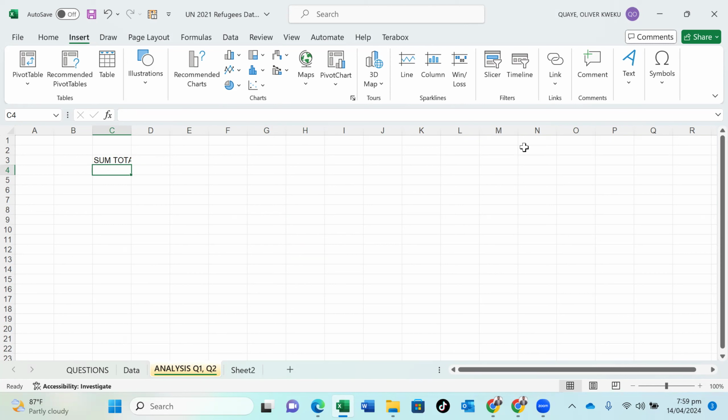So we are looking at sum total. So sum total, the entire thing, right? So we are looking at sum total of the situation, right? Sum total of the situation.